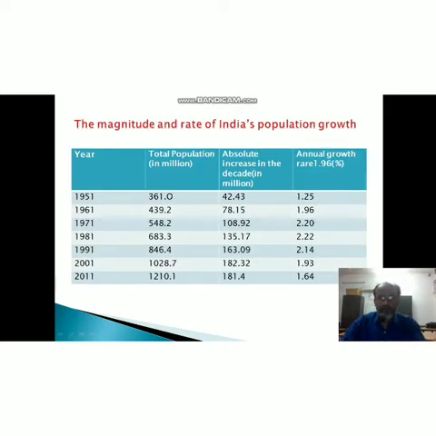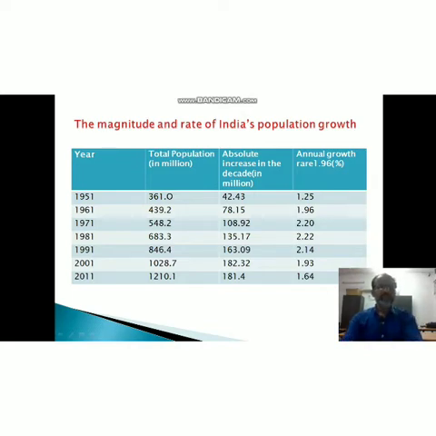In this table we will see the magnitude and rate of India's population growth year wise. In 1951 the total population is 361 million. The absolute increase in the decade, that means in 10 years, the population increased by 42.43 million. And the annual growth rate is 1.25.